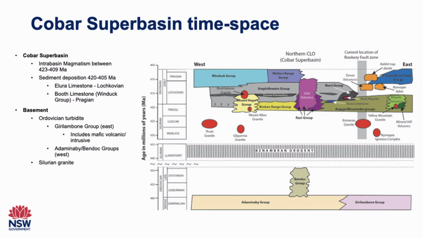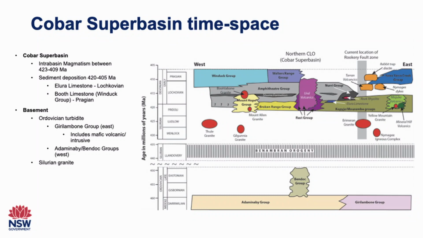And the sedimentation is about the same. So our fossil record says that the Allura limestone that sits underneath the Cobar sequences, the Nurry group or the CSA siltstone, is Lochkovian, so somewhere just above 420 million years, and then we get Pragian limestones in these shelf sequences. So geochronology and fossils are saying similar things.